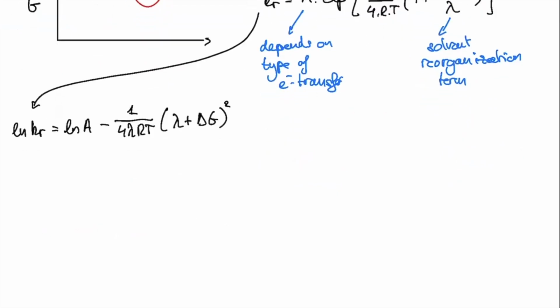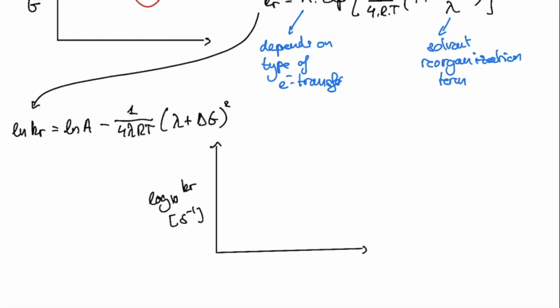Okay, let's plot this. So here I put log10 of k_r, units per second.